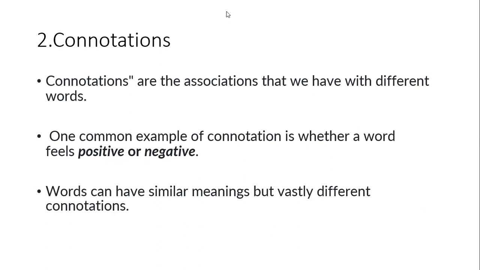Okay. Arrogant, positive or negative? Arrogant. Oh, it's a negative. It's a very strong negative word. Both are used. Confidence and arrogance are both words that are used to display a sense of self-belief.